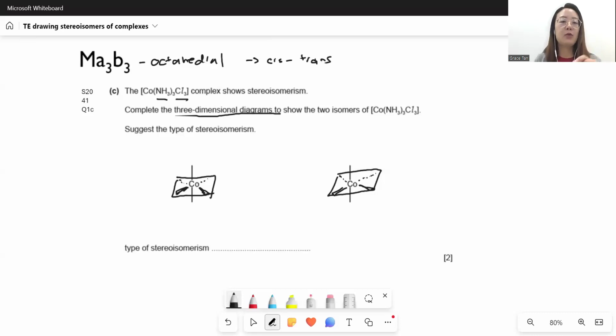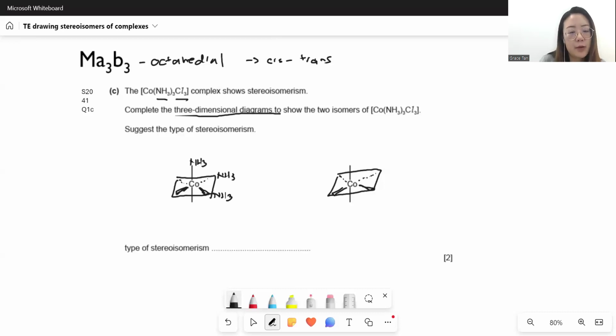You have the A2B2 and you have the A3B3. Now, the A3B3, you want to align them 90 or 180 apart. So I want you to look at the 3 A, which is the 3 ammonia here. All right, so the 3 ammonia first. I would like to draw the 3 ammonia in this way.